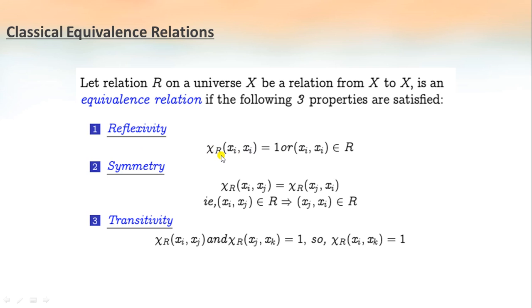So psi R of (xi, xi) equals 1. Next is symmetry, that is psi R of (xi, xj) equals psi R of (xj, xi). Next is transitivity. If we have (xi, xj) and (xj, xk) equal to 1, then there is a membership psi R of (xi, xk) equal to 1.